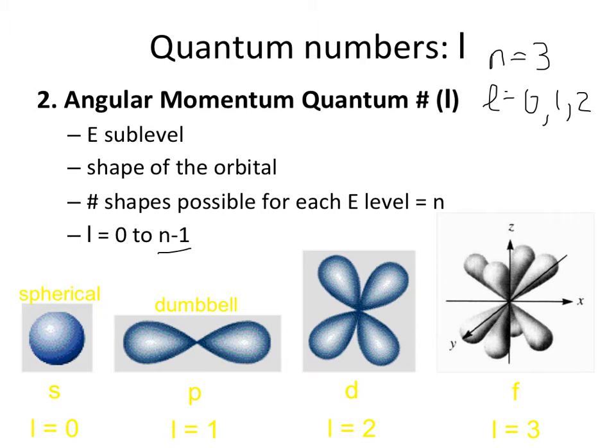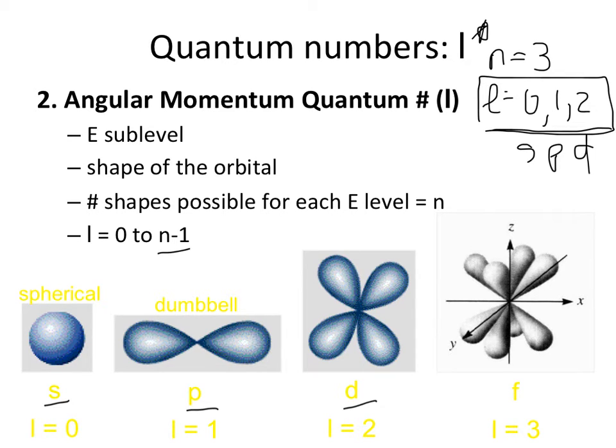The shapes that correspond to these angular momentum values are your S, P, and D. So when I get to n equals 3, these are the possible shapes, the S, P, and D, for that specific quantum number set.